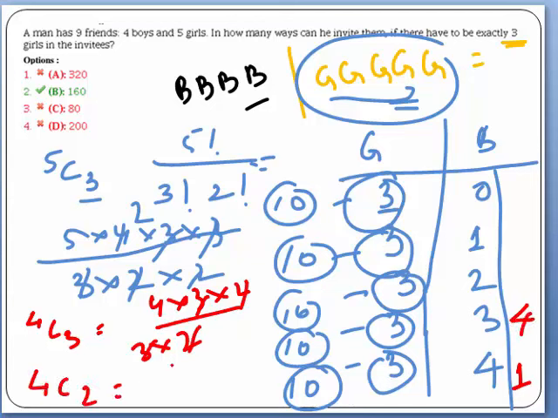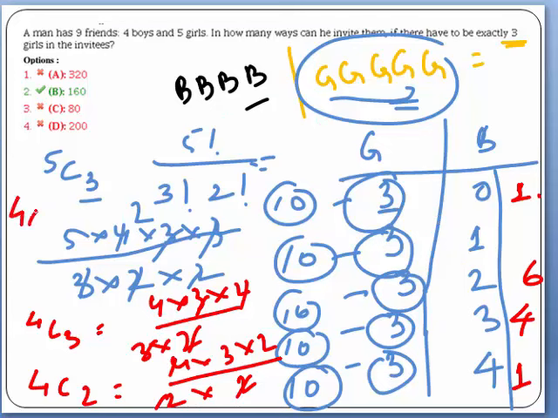Again 4C2, which will be 6. If you are choosing 0 boys, there is just one way of choosing 0 boys, and if you are choosing 1 boy out of these 4, there are again 4C1, which will be equal to 4. I am doing this calculation for you, otherwise these are easy ones.